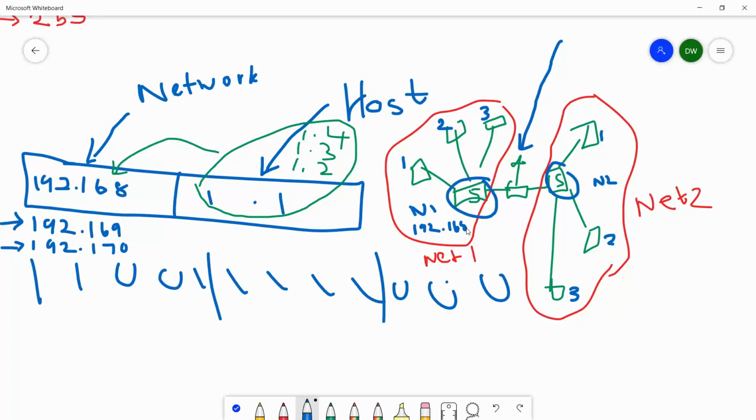For an example, this can be 192.168 network, 00. And this side could be 192.169.00. So this will be the network address.